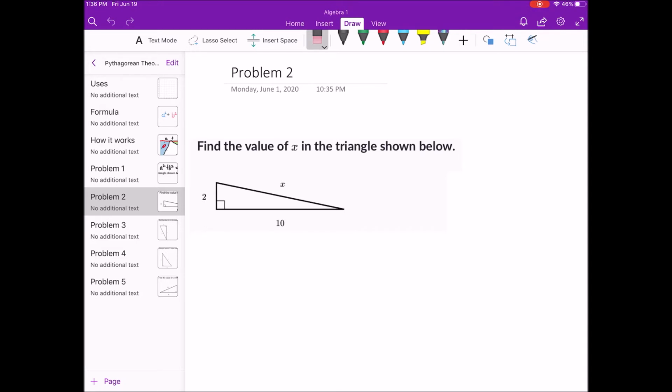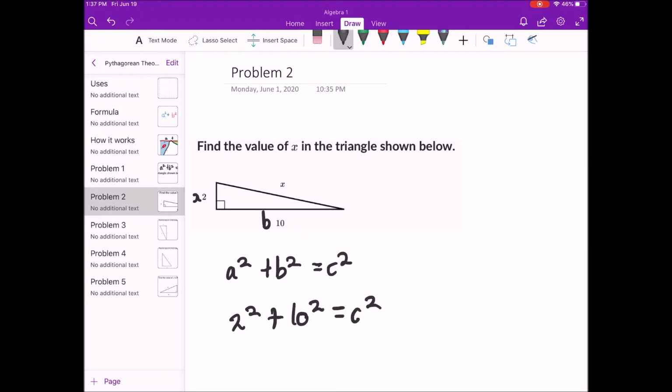So let's go to the next problem, problem set 2. You have 2 and you have 10. Remember how we said that this was b and this was a? So let's write it out: a squared plus b squared is equal to c squared. That's the formula. We know that a is 2, so it's 2 squared, plus we know that b is 10, so it's 10 squared, is equal to c squared.